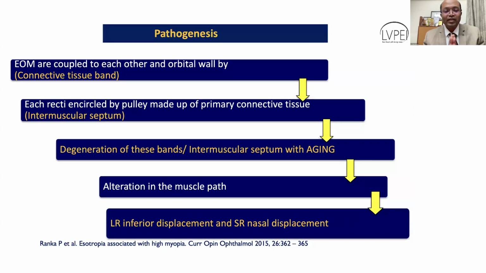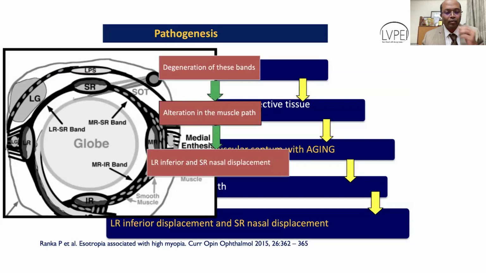When there is degeneration of this band or the intermuscular septi, that leads to alteration in the muscle path, and that's how the muscles start displacing, either inferonasal or superior or inferior, depending upon what type of strabismus and which muscles have been displaced.